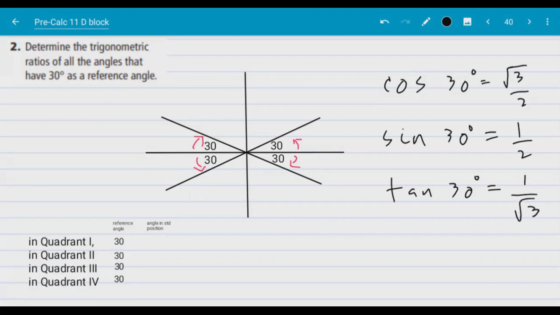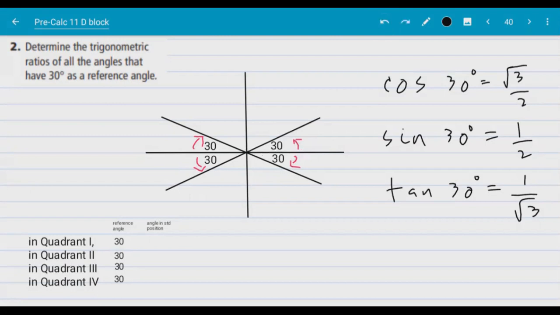Now, you will see that I created a picture here wherein there are four reference angles, all of which are 30. The first one, this one, is measured from the positive x, this way, up to this terminal arm.